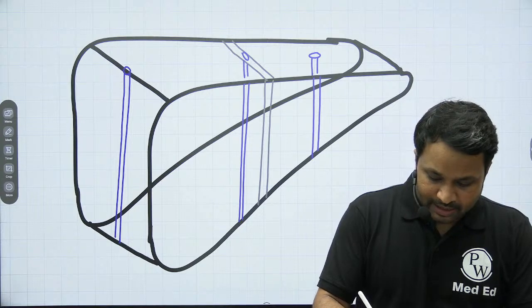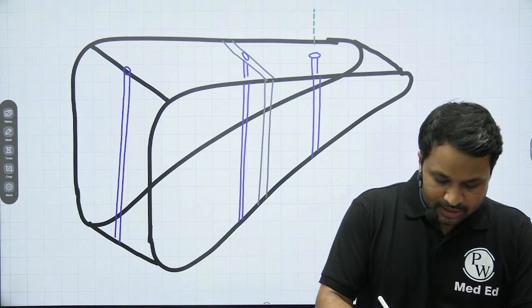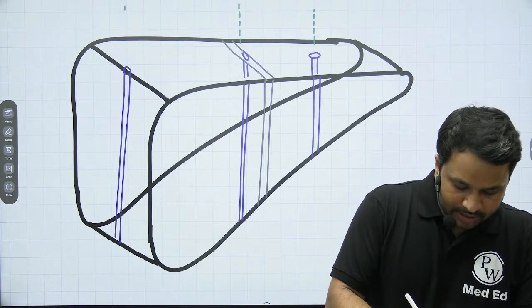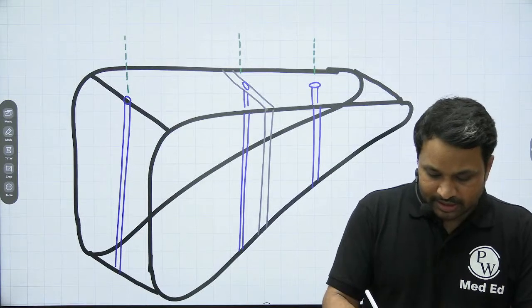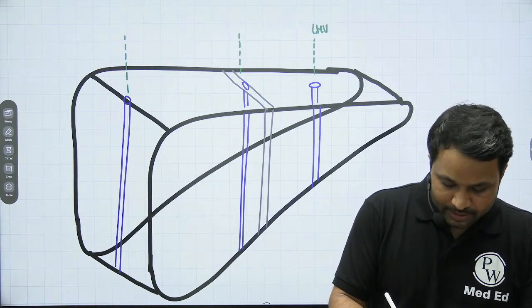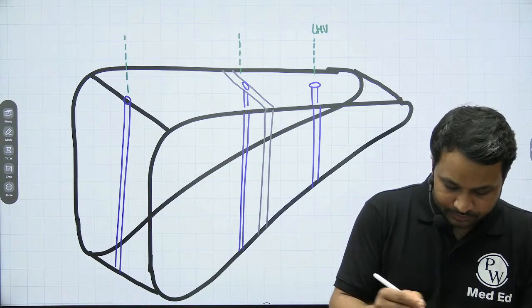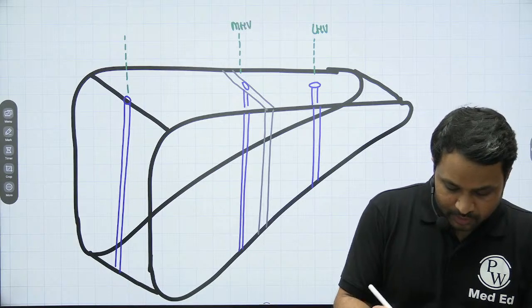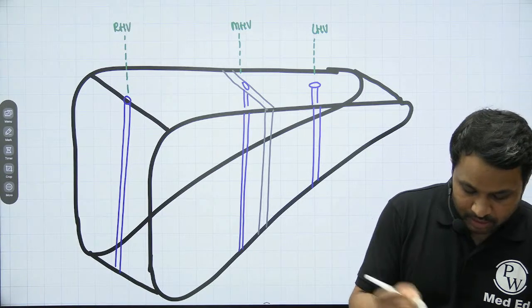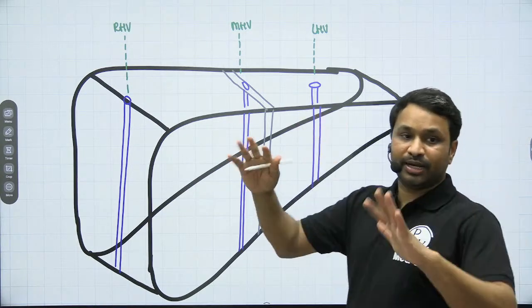If you look at the segmental orientation, all these hepatic veins drain into the inferior vena cava.